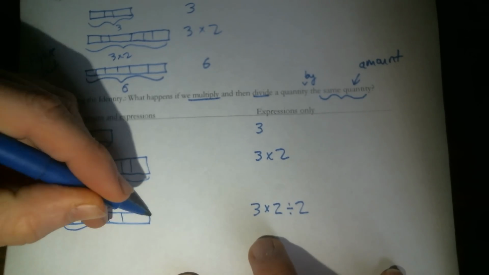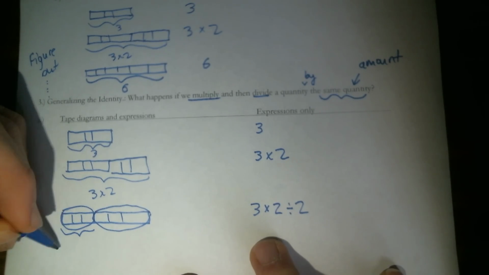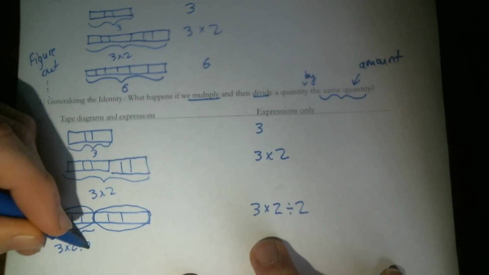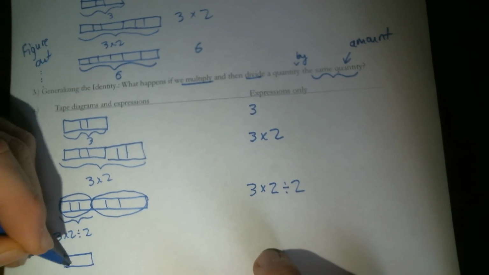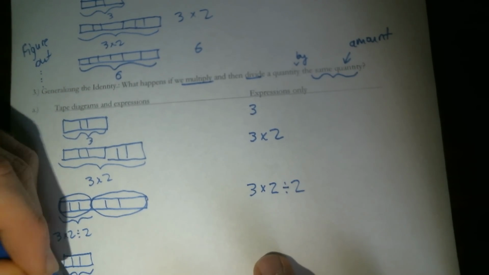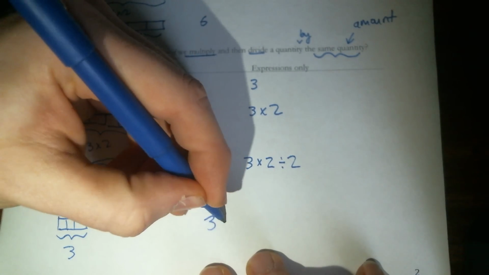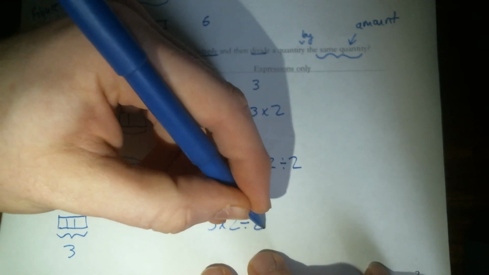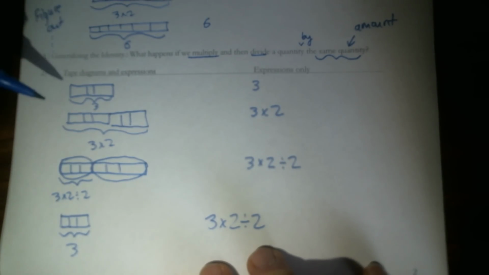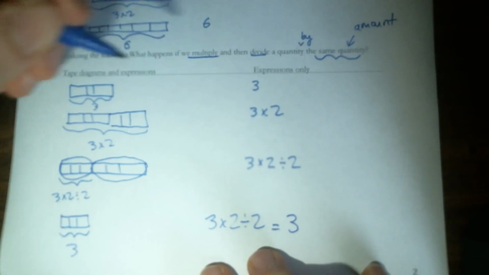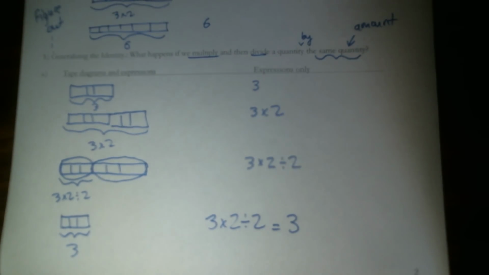So there's one, there's another. So one of these is worth whatever 3 times 2 divided by 2 is. And what is it? Obviously it's worth 3. So I can basically write an equation at the end of this: 3 times 2 divided by 2. If you double something and then you divide it by the same number, which would be 2, you end up right back at 3, right back where you started.